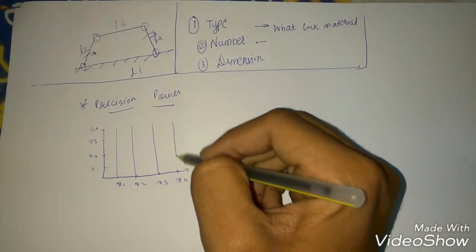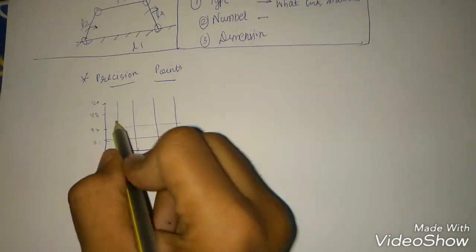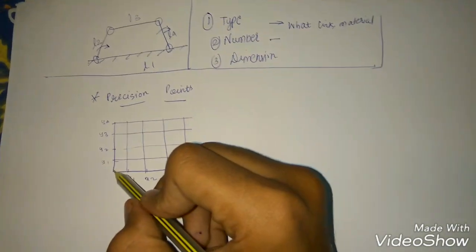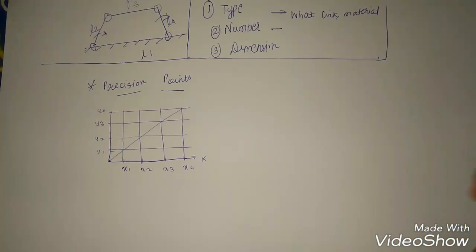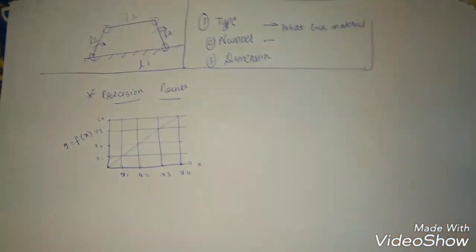Let's connect them. Okay, so we will get a straight line if we join the midpoints of these coordinates. The function is y is equal to f of x.